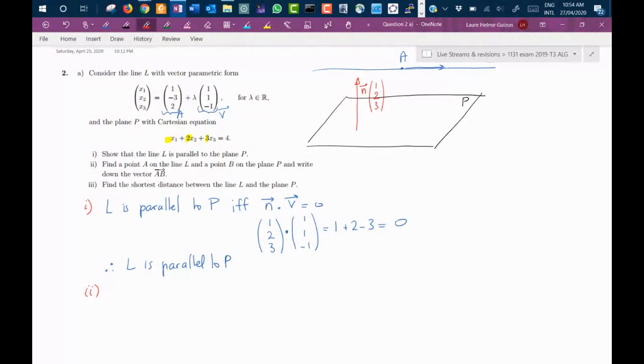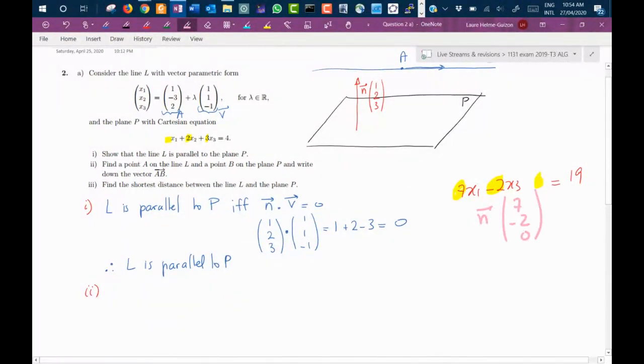Yes, it's always going to be that. If I had 7x1 minus 2x3 equal to, say, 19, then my normal vector would be given by those coefficients, and I picked a tricky one. So in that case, 7, 0, minus 2 would be a normal vector. Yes, it's always the coefficients.